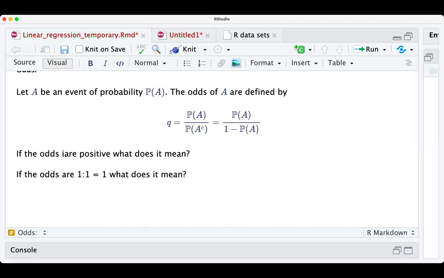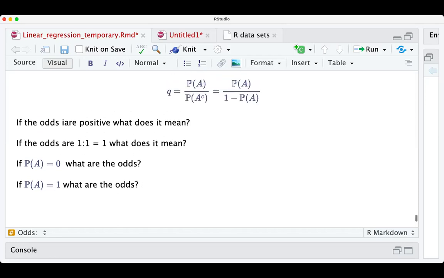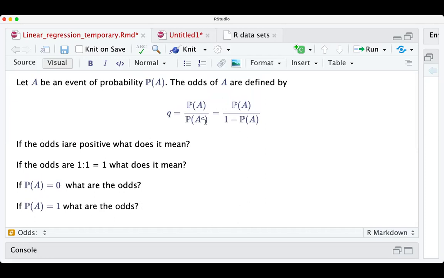And if P of A is equal to 0, what are the odds? And if the probability of A is equal to 1, what are the odds? These are good questions to look at.